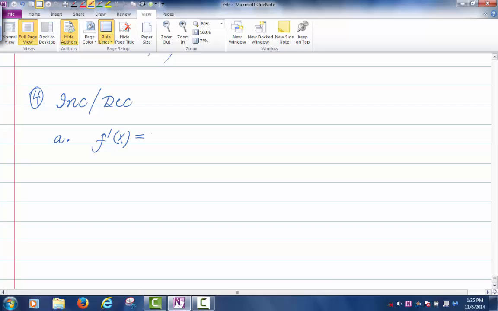Now remember what the function was. The function was x times 6 minus x to the half, right? That was our function. And so what's the derivative? We apply the product rule, and we get 1 times 6 minus x to the half.